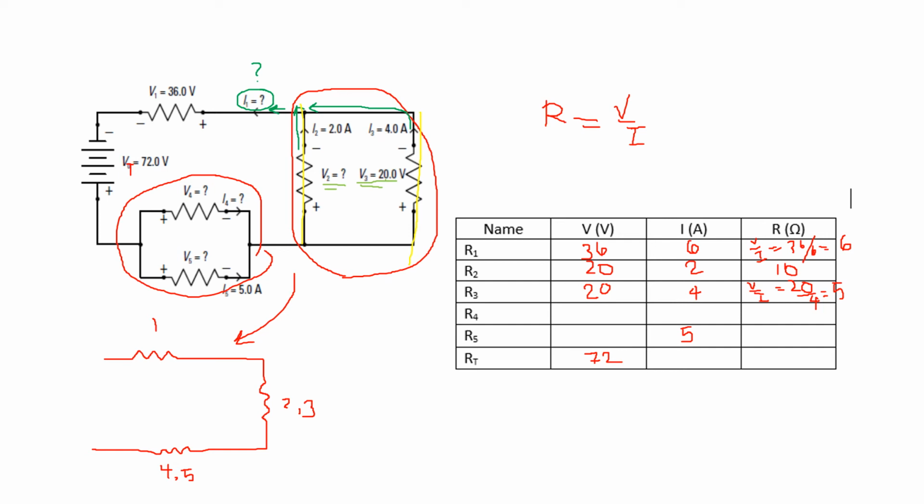So I'm going to come here to V4 and V5, right? Remember, if this one is 2 and this one is 4, it looks like before it branched off, here, the current is exactly the same as here, right? So it had to be 6 before it became 2 and 4.